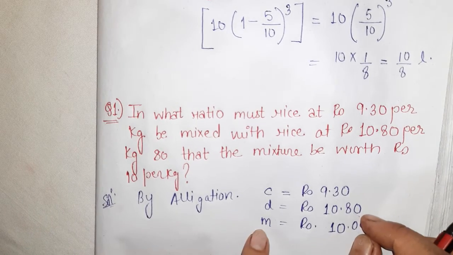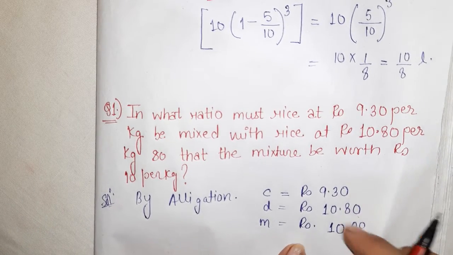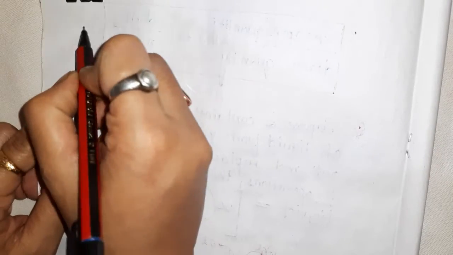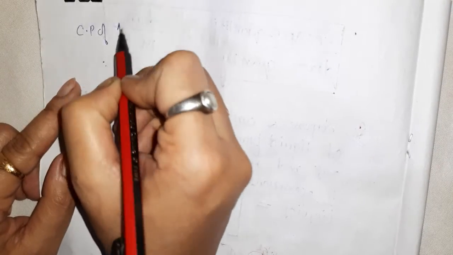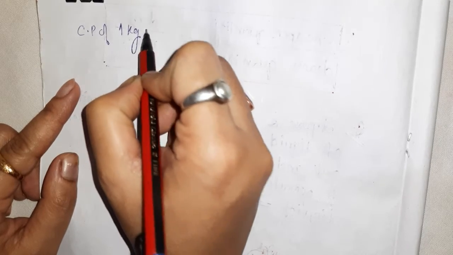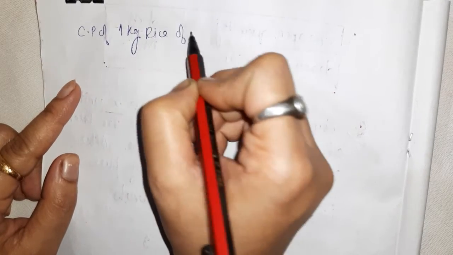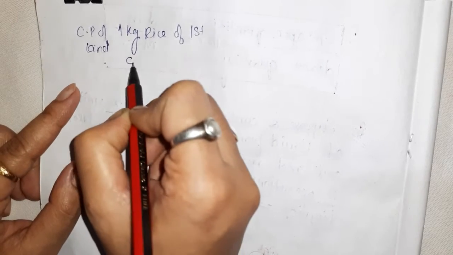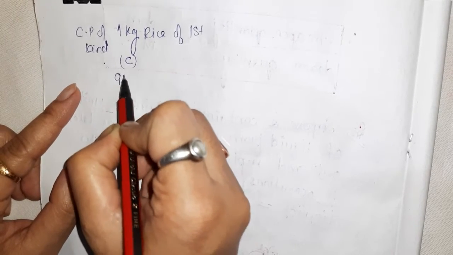So we calculate it. Let me convert it into paise so that our calculation becomes easier. So we take the cost price of 1 kg rice of the first kind, that is C, it is 930.